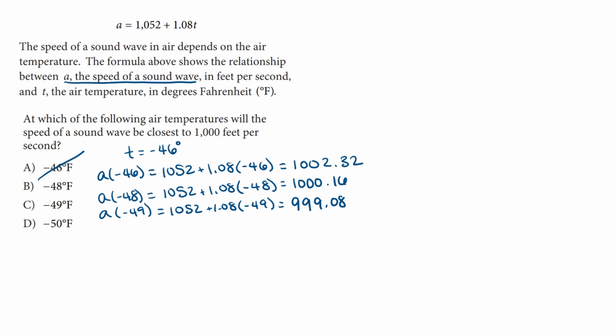And if we look at the difference of negative 48 to 1,000, it's 0.16, and the difference of negative 49 to 1,000, it is 0.92. So that means our negative 48 is closer. And for sure, negative 50 will not be closer because if negative 49 was further away, negative 50 will be even further. So that means our answer is letter choice B.